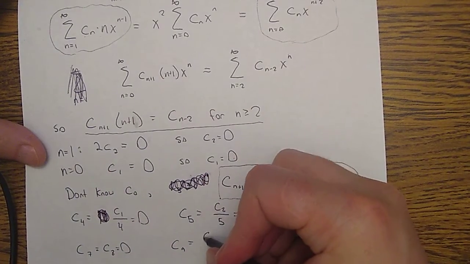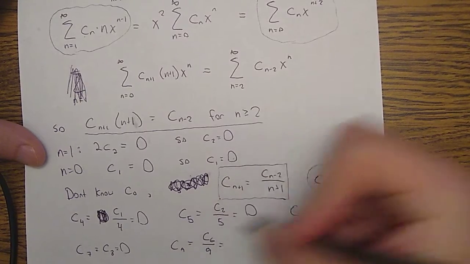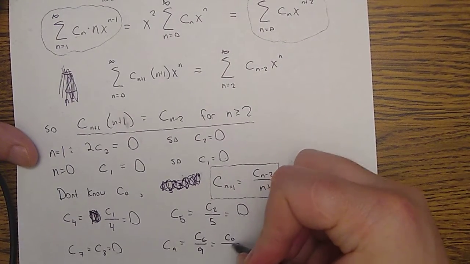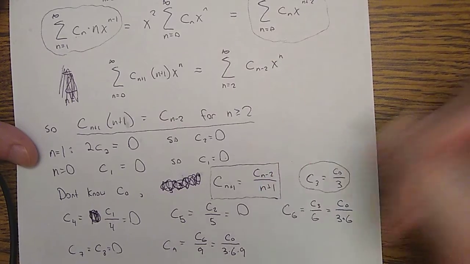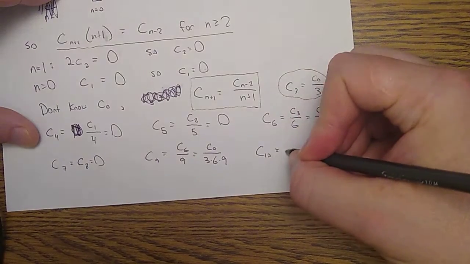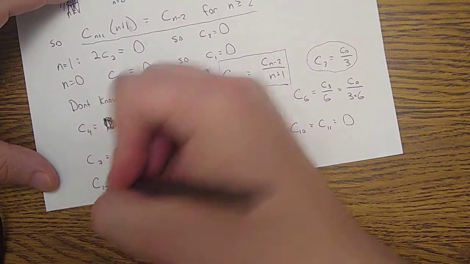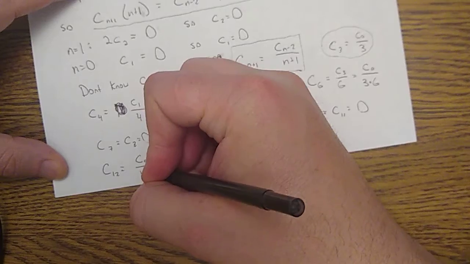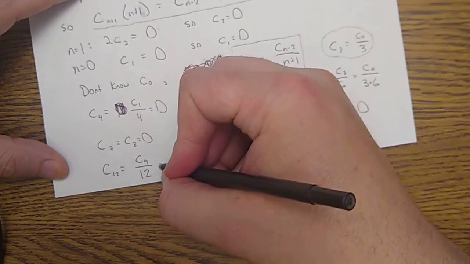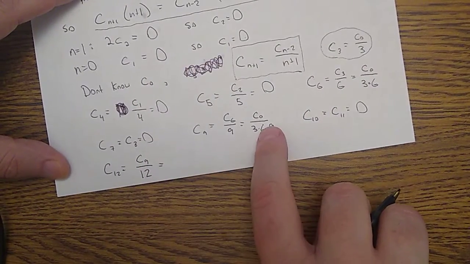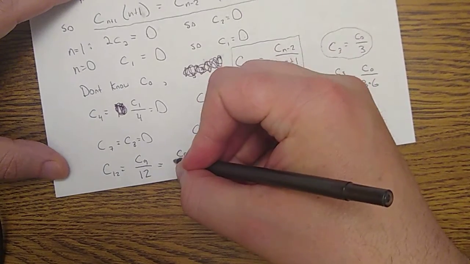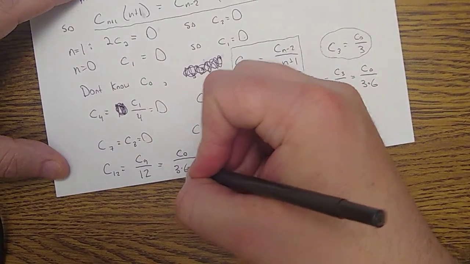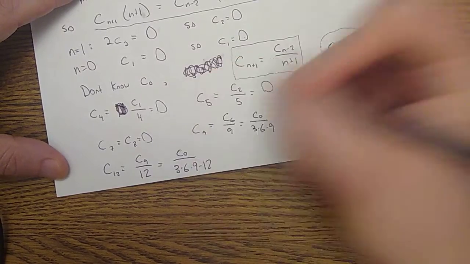C9 is C6 divided by 9, which is C0 divided by 3 times 6 times 9. C10 and C11 would be 0. C12 would be C9 over 12, which is C0 over 3 times 6 times 9 times 12.